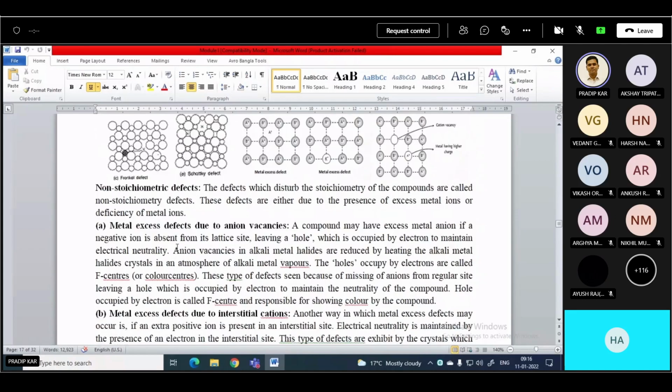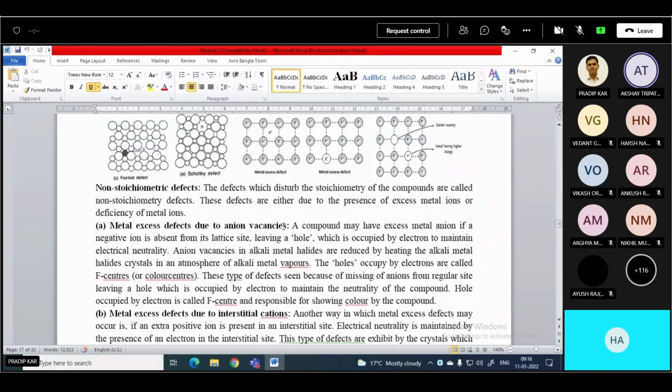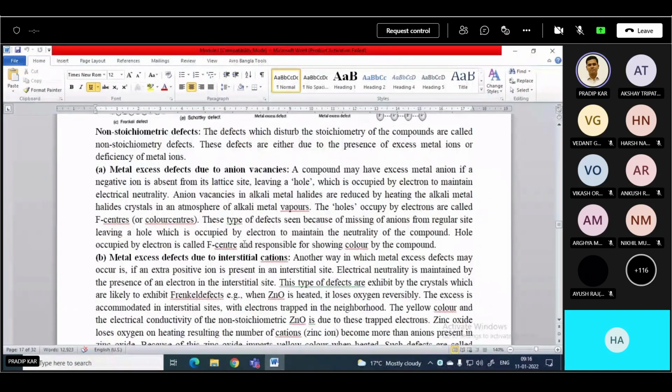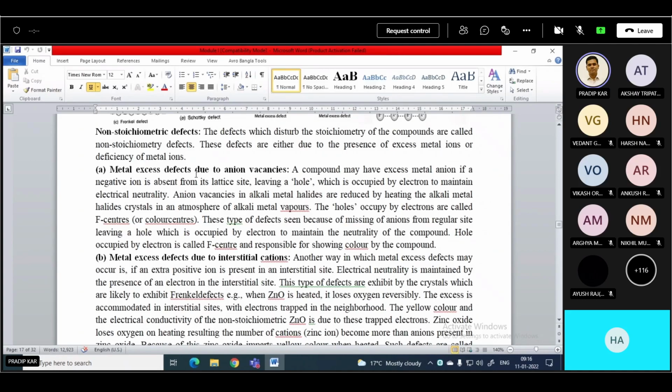One is metal excess defects due to anion vacancies, and metal excess defects due to interstitial cation. So metal excess may be created in two ways: if an anion is missing or if a cation is extra.